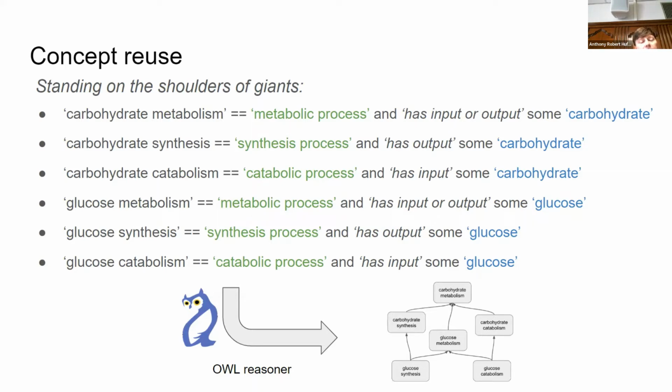And this can be made even more simple using something like DOSDP tools, where you can standardize all of these definitions and just have a TSV of all of these catabolic processes for this list of chemicals.